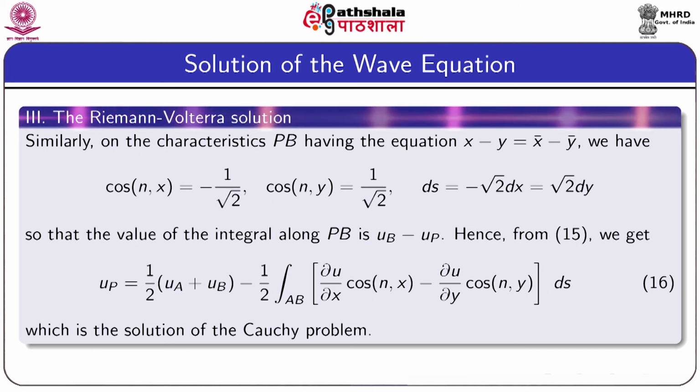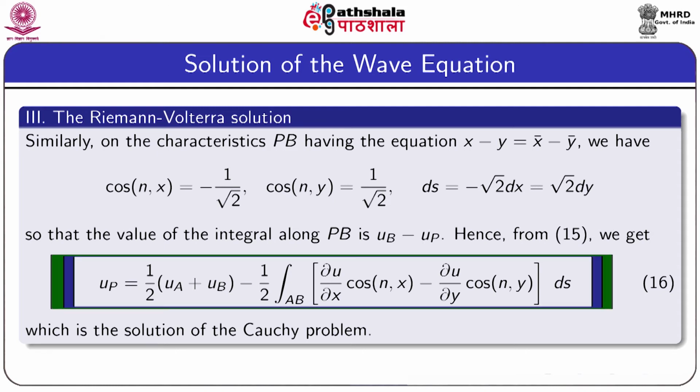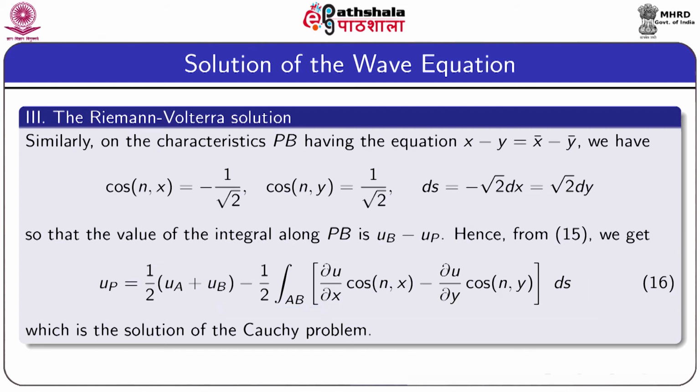Now, substituting the values of this integral in equation number 15, it reduces to the form U at P equals to half of UA plus UB minus half integration over AB del U del x cos nx minus del U del y cos ny ds.